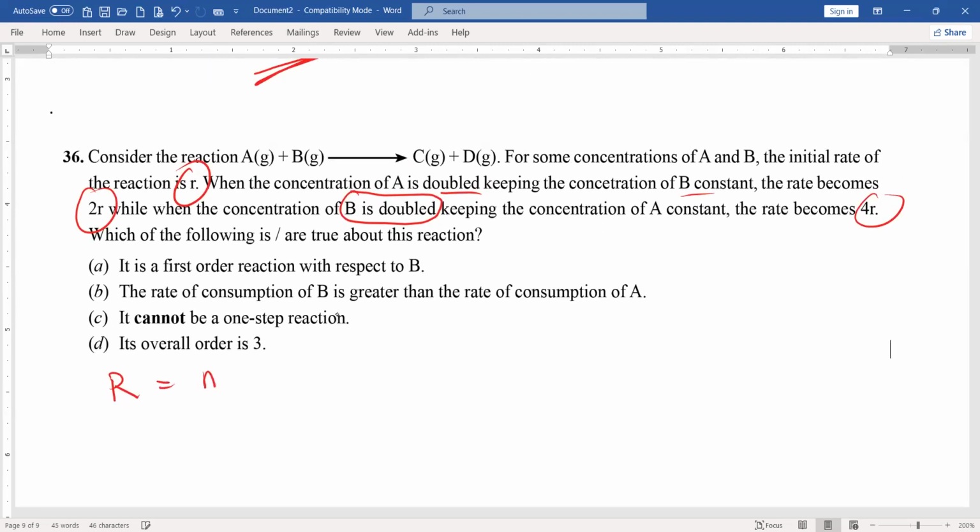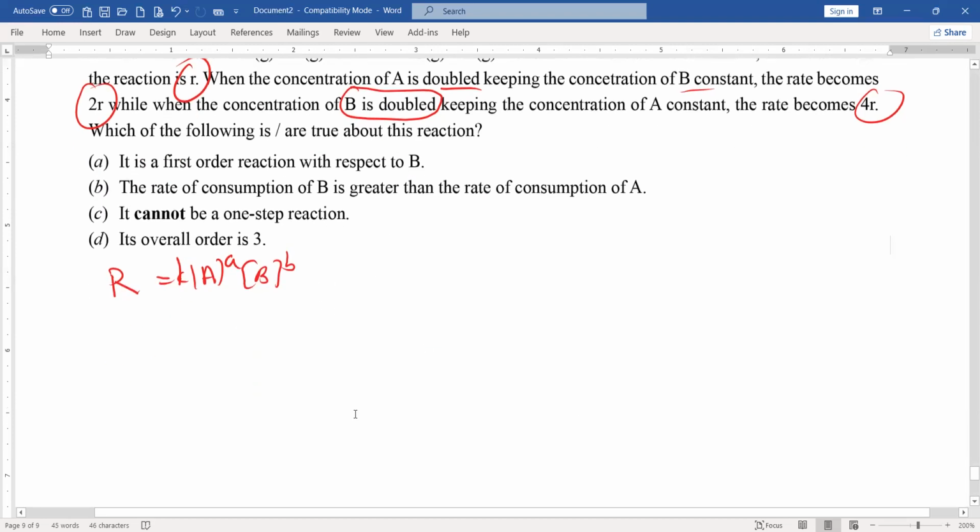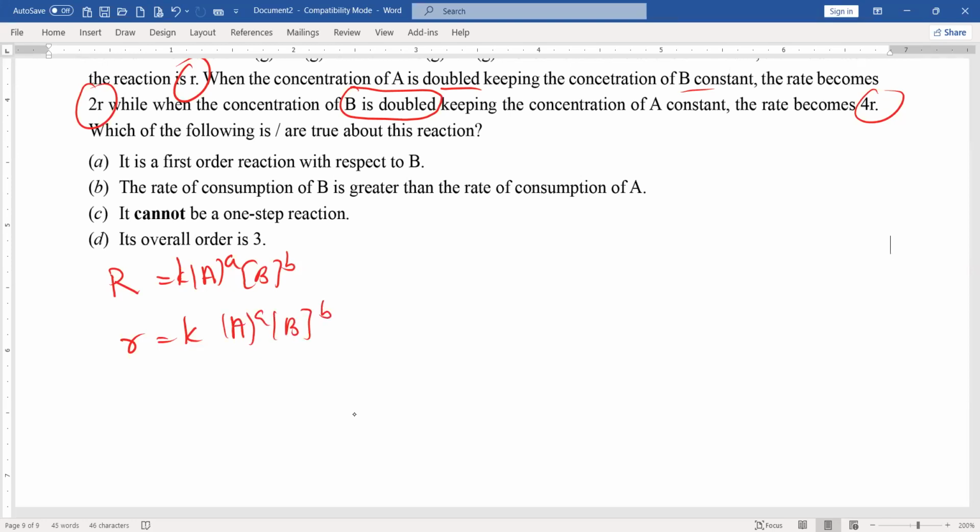Rate can be written as k times A concentration to the power of a, and B to the power of b. It says for some concentration the rate is R. R equals k, A concentration, B concentration. Then what have they done?